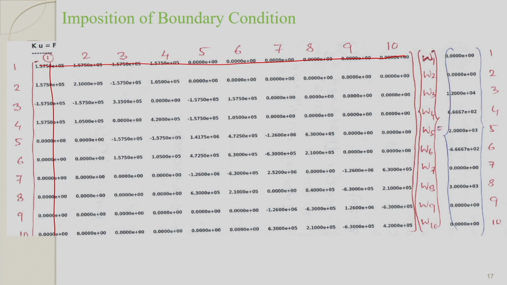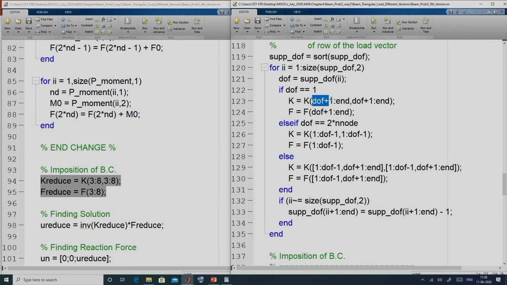and in our reduced matrix it is 2 to end row and 2 to end column. So, our new K is DOF plus 1 to end, those rows and the same columns.